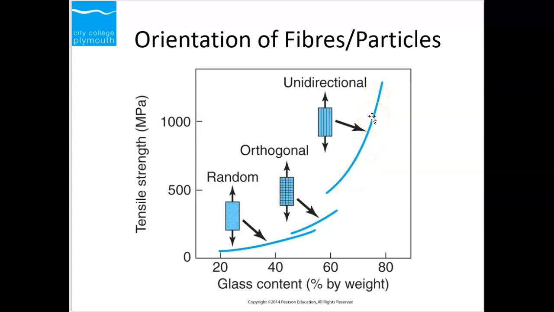When do we say the composite has failed? The composite has failed if delamination occurs between the fiber material and the matrix material. They should be bonded together. As soon as they start making a cracking noise and delamination occurs, it's gone.